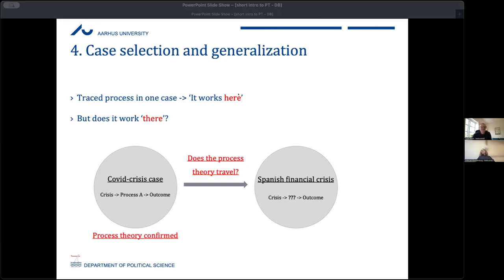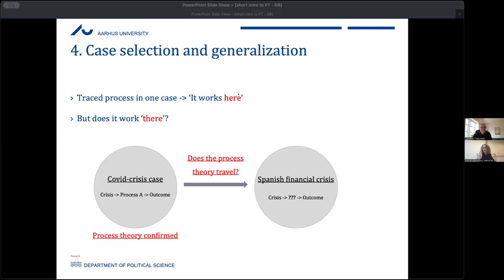I would like to make a distinction between scope conditions in the way they're treated in this more positivist understanding of mechanisms and processes. For me, scope conditions always have to be causally productive. If a scope condition doesn't do anything, it's irrelevant.